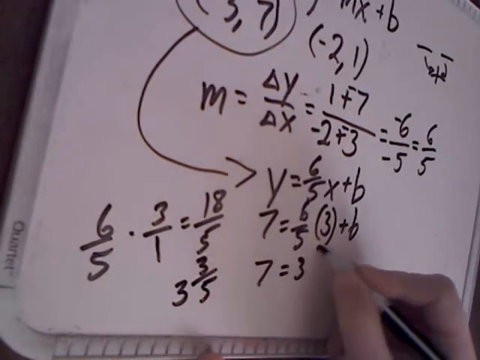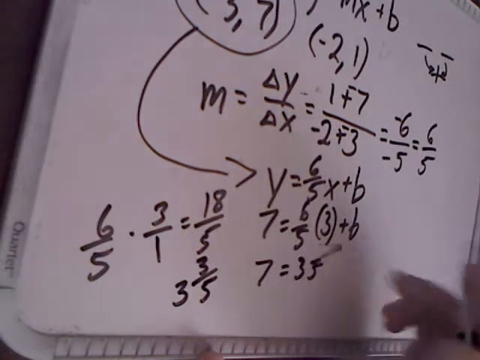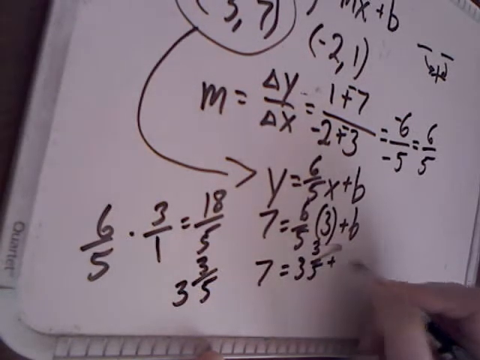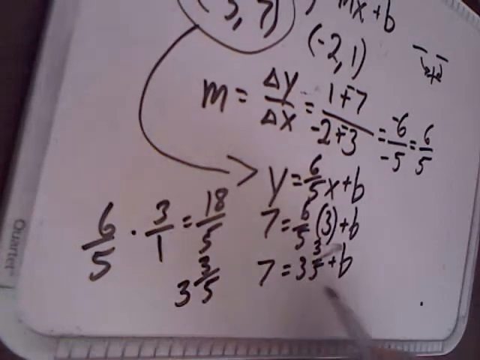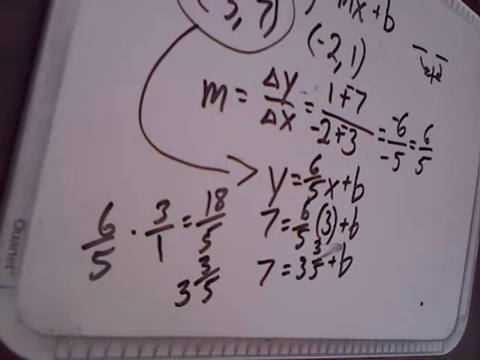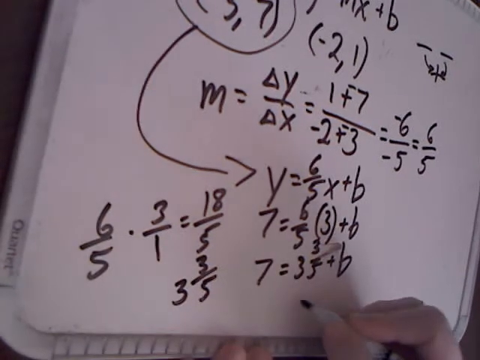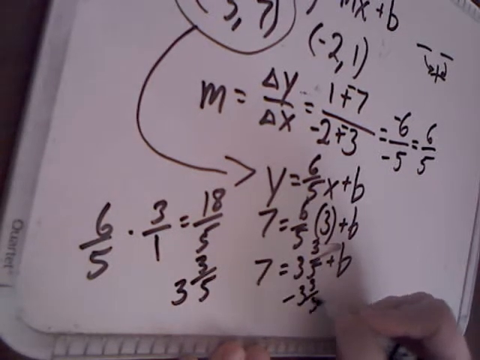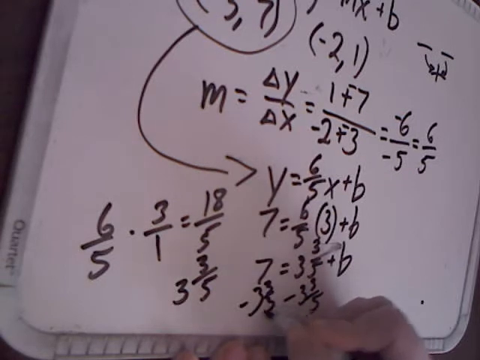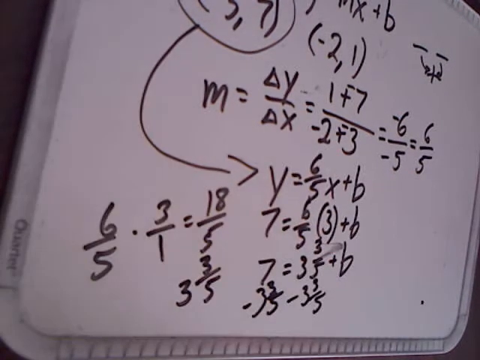So I'm going to write 3 3/5 here. Now I have 7 equals 3 3/5 plus b. So what I want to do is subtract 3 3/5 away from both sides, because now we're just simplifying an equation. Even though it has a fraction in it, it's really not as scary as it looks.